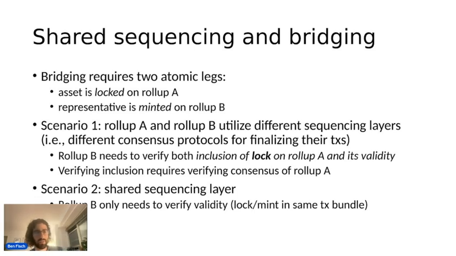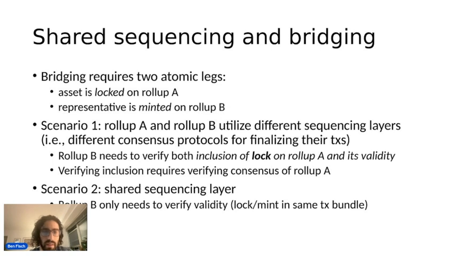In scenario 2, with a shared sequencing layer, part of this goes away, right? So now rollup B only needs to verify the validity. That could be not by executing the transactions itself, but more likely by verifying a proof from rollup A. If it's an optimistic rollup, it would be receiving it, waiting for the challenge period, and then possibly verifying a fraud proof.